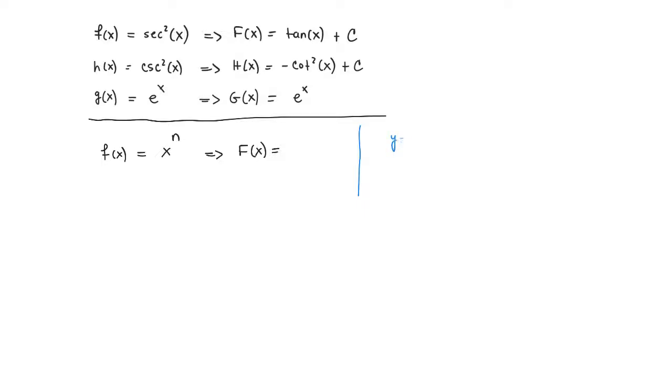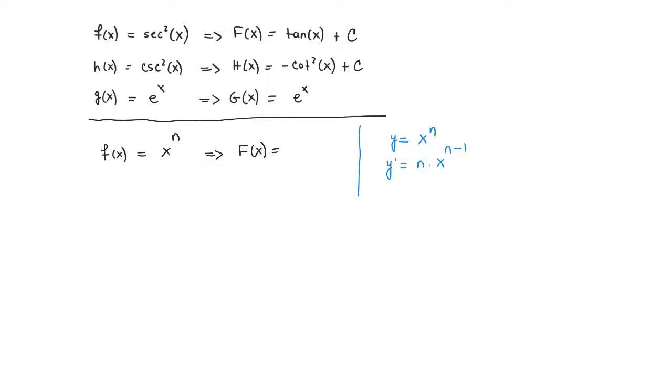if we had y equals x to the n and we wanted to find y prime, the rule said to bring n down as a coefficient of the power function, take x to the n and subtract 1 from the exponent. Whenever we are undoing differentiation, we're going to do the opposite of subtraction. We're going to do addition in order to get the antiderivative.